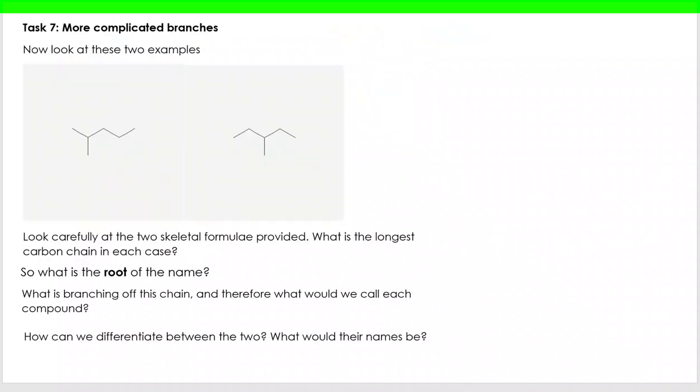Let's take a look at these examples. Skeletal formulae have been provided. So what's the root of the name going to be, and how are we going to go on and name them? Work your way through these tasks. What I can see here is that I've got 5 carbons in a row in each case, and both of them have got a branch coming off.